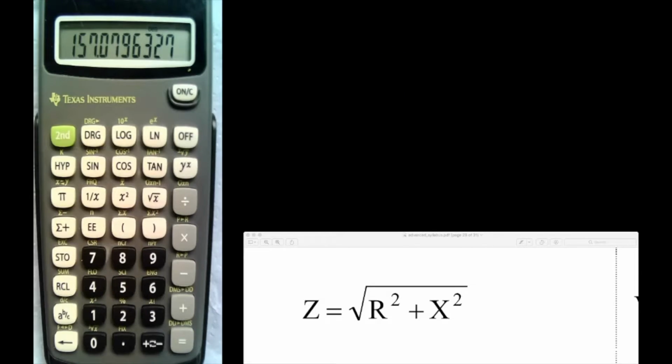Now we'll be covering that in lectures and in videos later on, so I won't dwell on that. We'll just look at the formula here. Let's say that we had a capacitor and an inductor and a resistor.